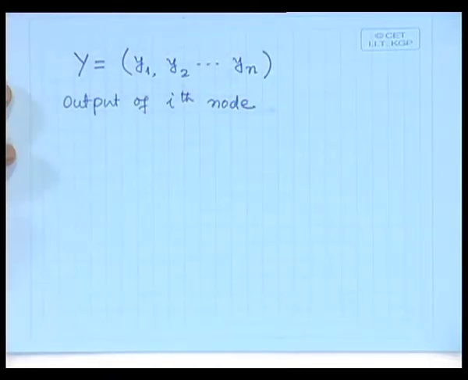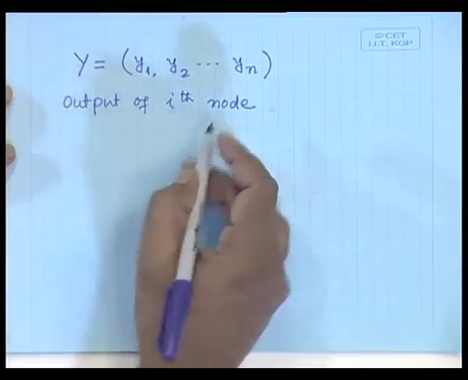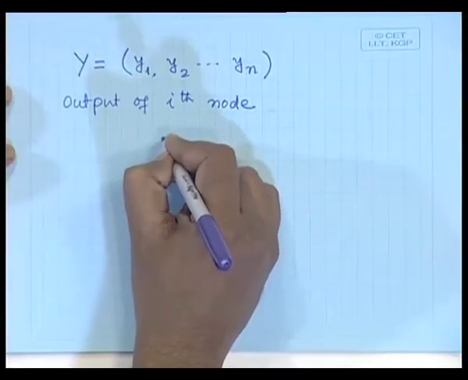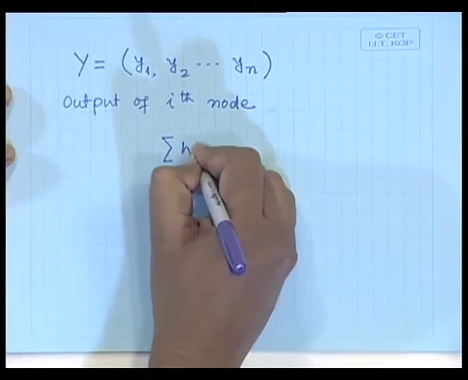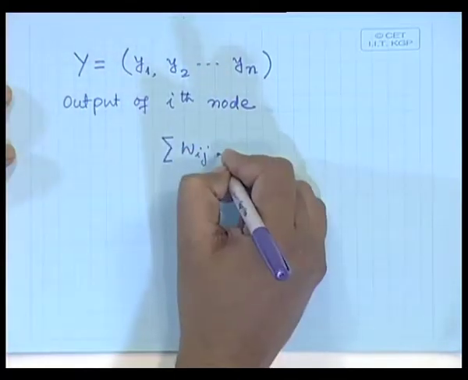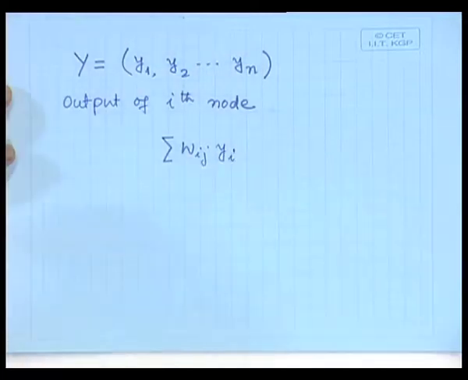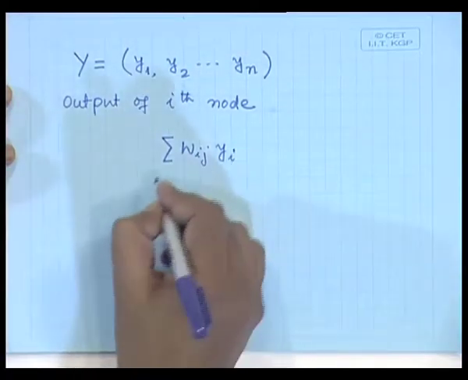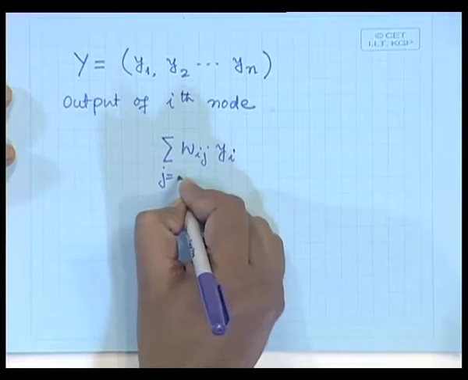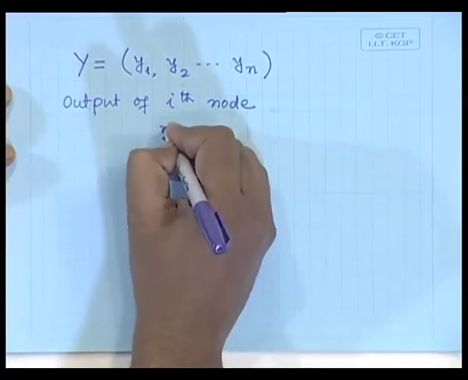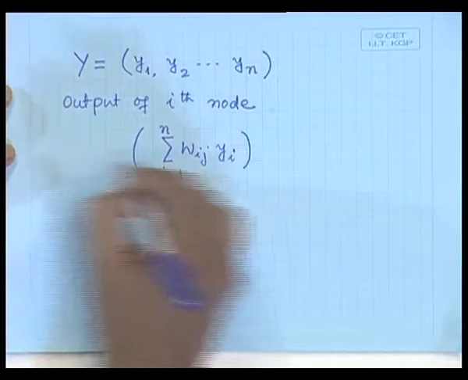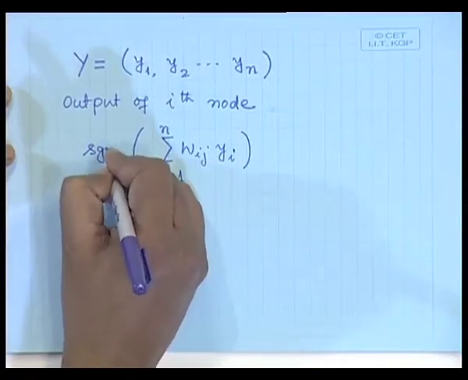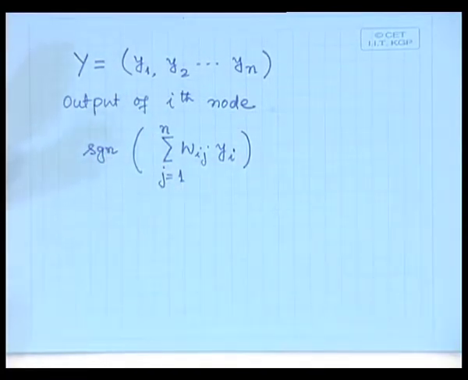will be either plus 1 or minus 1, and this output will depend upon the sign of the sum of w i j times y j, for j varying from 1 to n. If it is greater than 0, then the output of the ith node will be plus 1. If it is less than 0, the output of the ith node will be minus 1.